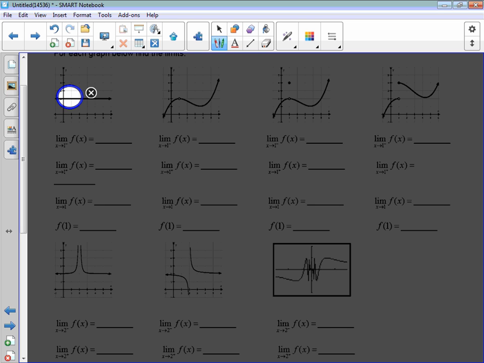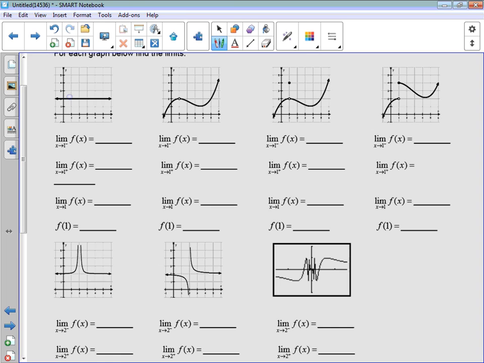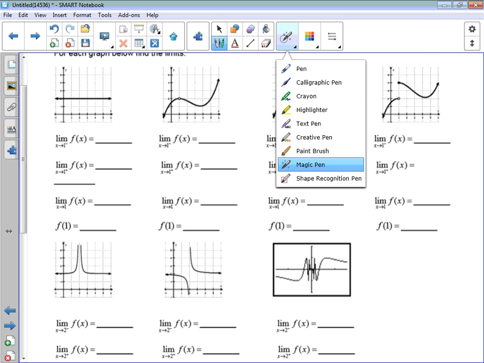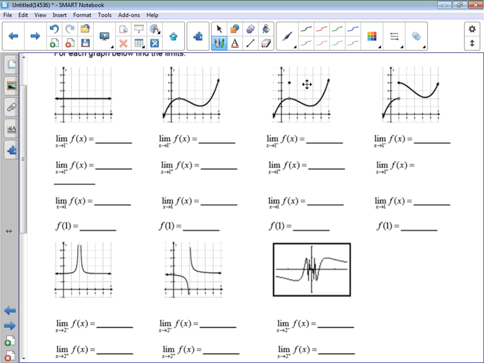So as you come from the left and you get really close to 1, what y value are we at? 2. So, here's 1 on the x-axis, right? As you are approaching this, coming from the left, think about it, you're a little person walking along the graph from the left.